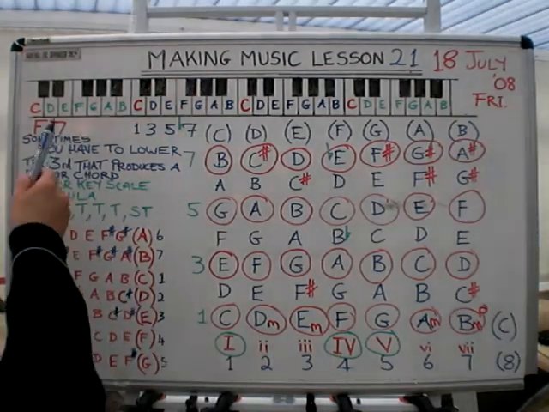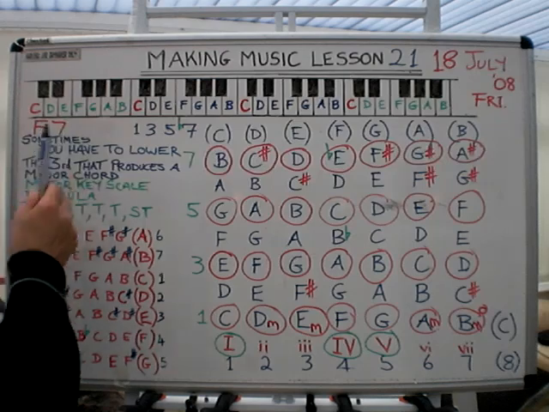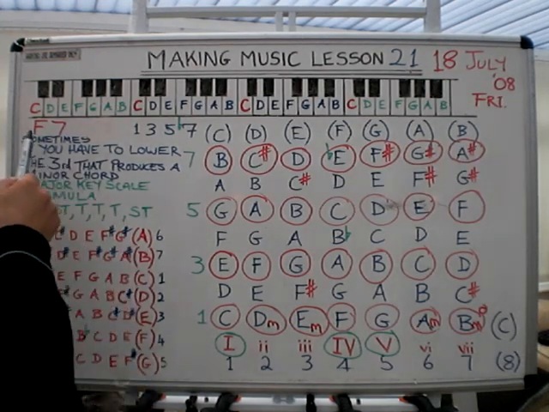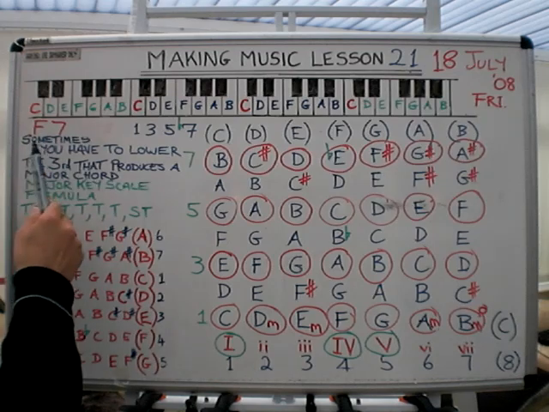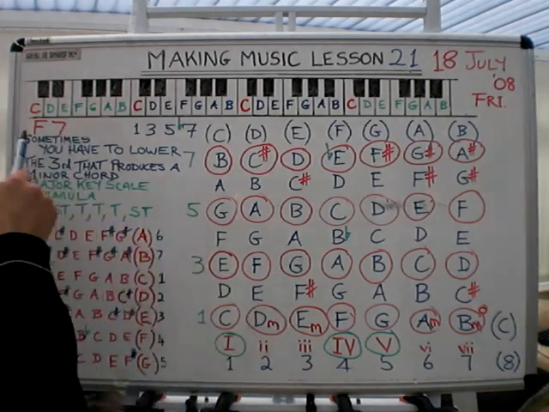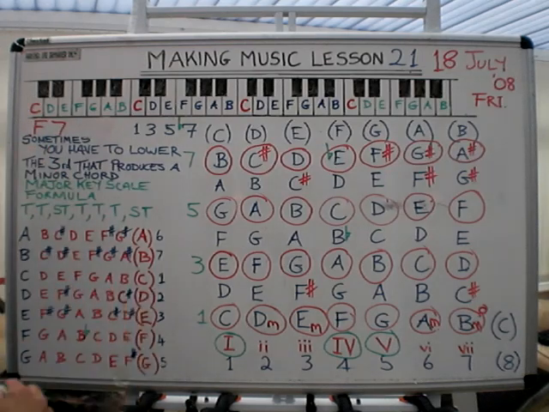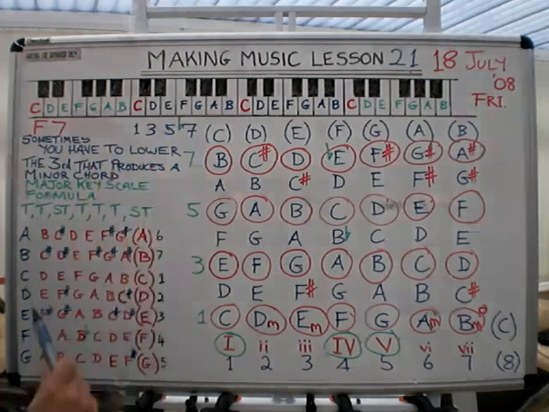So when we have dominant 7ths, which incidentally are generally used in music creation within songs, we have C7, F7, G7, whatever. If it's just the letter and the number, it's a dominant flattened 7th.